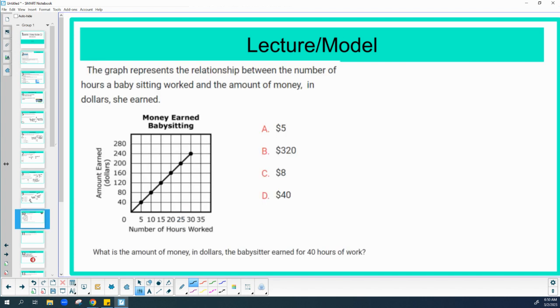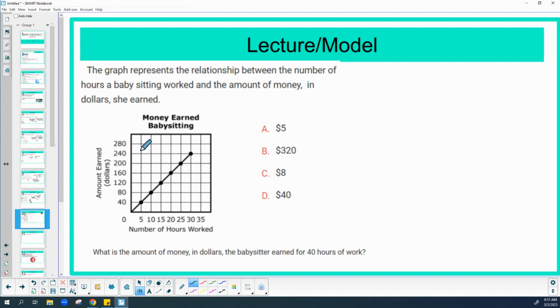The graph represents the relationship between the number of hours a babysitter, that should say sitter, worked and the amount of money in dollars she earned. What is the amount of money in dollars the babysitter earned for 40 hours of work? So I'm looking here and I don't see 40 hours on the x-axis here. It only goes up to 30.